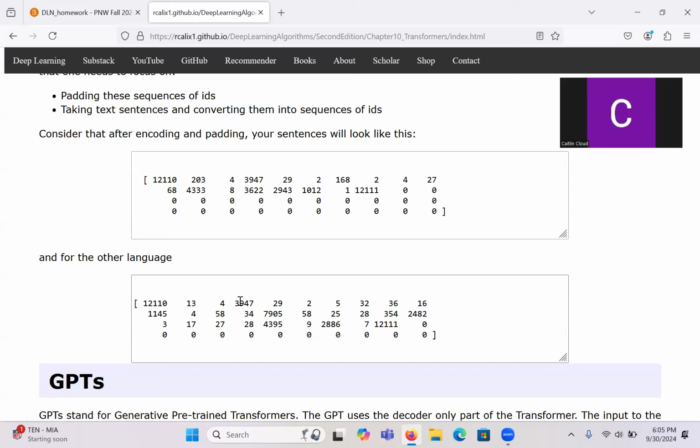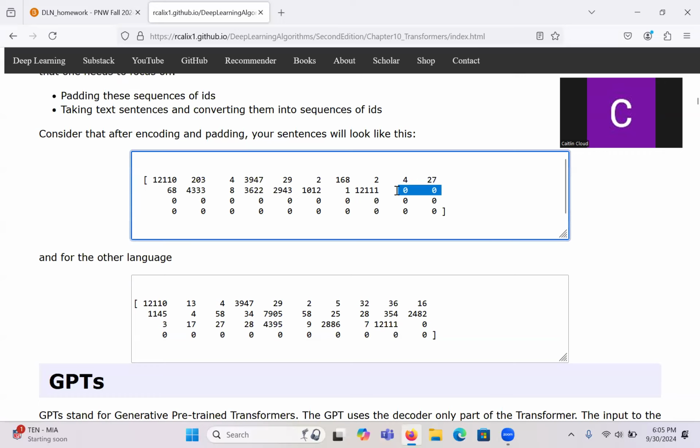That's the original tensor that I'm giving the model. 4 sentences, just randomly selected out of the book. And if you notice, these are the IDs representing a word or a letter or a syllable. And then at the end, they can be padded if they're smaller than the size of the buffer. Make sense?